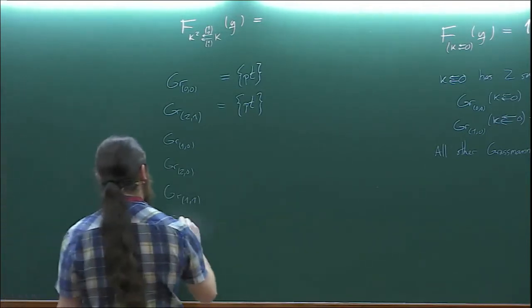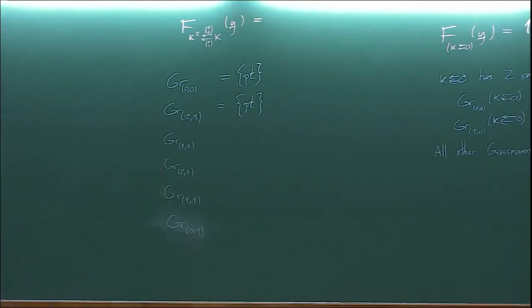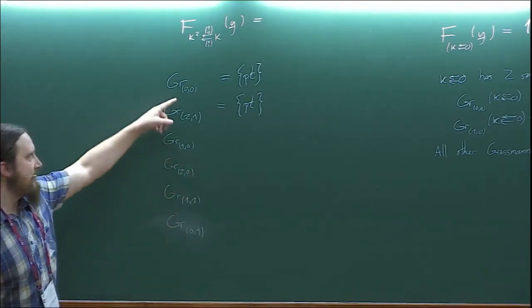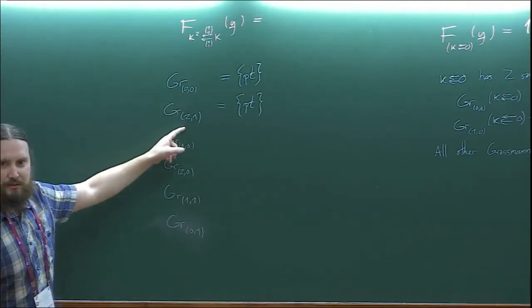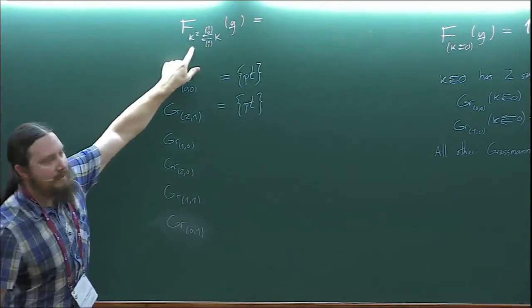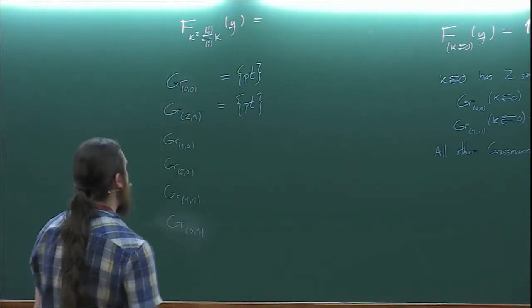I should also write down 0, 1. I thought there was one missing. Okay, so these dimension vectors are the ones contained between 0, 0, and 2, 1. These are the only possible dimension vectors for submodules of this module. So let's see how many we have.